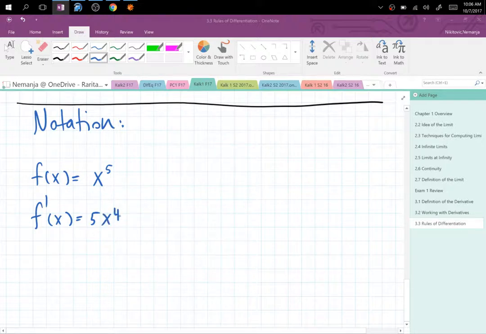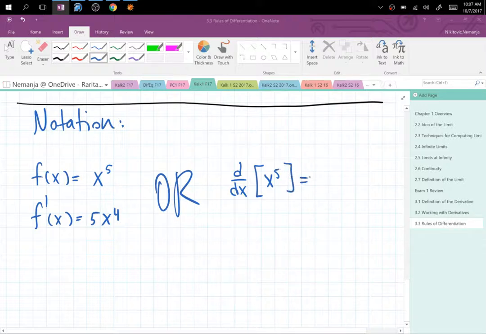So observe that you have a line for the function and a separate line for the derivative. This line is all about functions, and this line is all about the derivative. Do we see it clearly separated, right? Or you can say the derivative of x to the 5 is 5x to the 4. So this is the only way you can put these together.